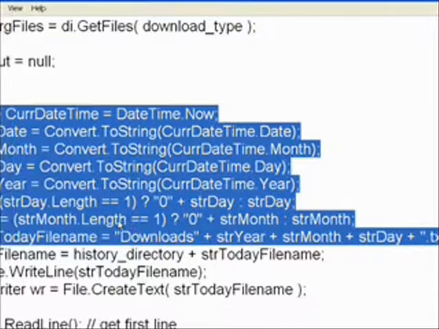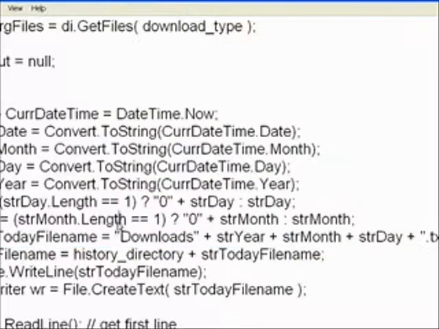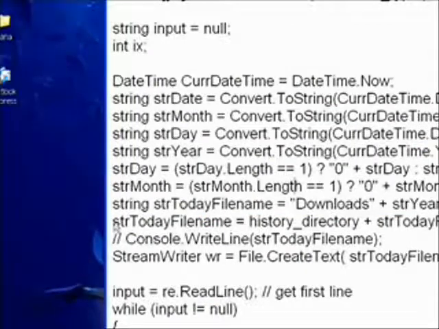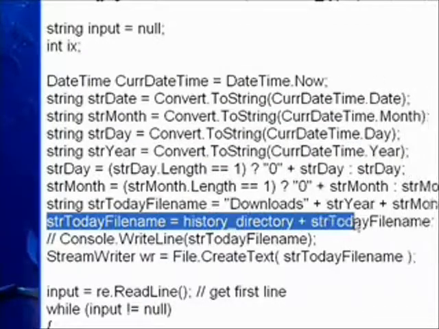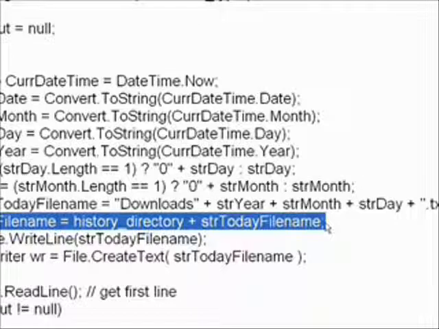And the only difference here is we create the file name and then we concatenate it with the constant string history directory. So that if we change the constant history directory, this will be different and it'll put the file name in a different place. That's the advantage of constants.